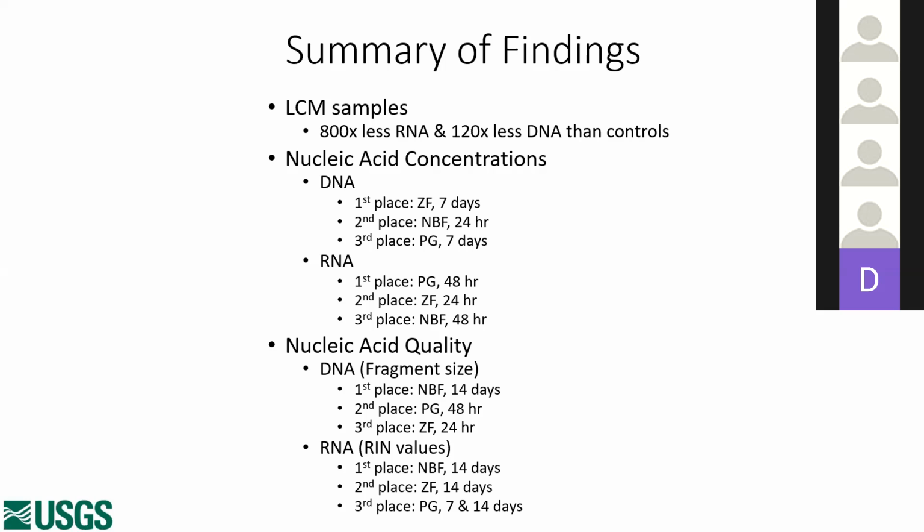Second place for neutral buffered formalin samples fixed for 24 hours. And third place for PAXgene at 7 days. The one thing that was not what I expected was that I thought PAXgene would probably be in first place and at 24 or 48 hours, not 7 days.